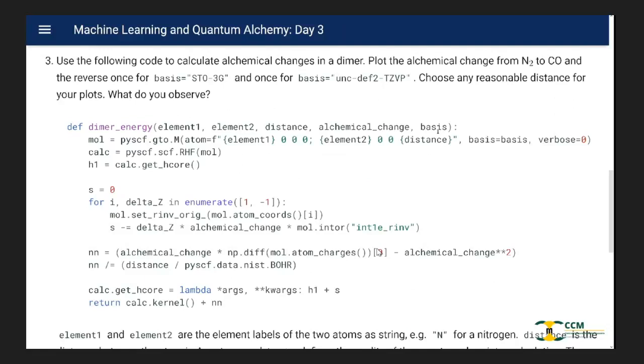The core idea is, again, you build a molecule, you do a calculation, and then you change the internals to actually represent a chemical change, where you now can do fractional elements, something which is halfway between nitrogen and oxygen. So that's how you do atoms with a nuclear charge of 7.5.